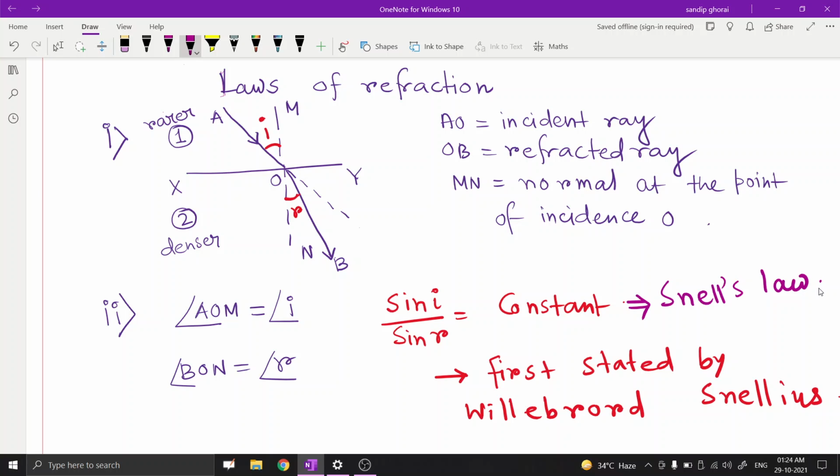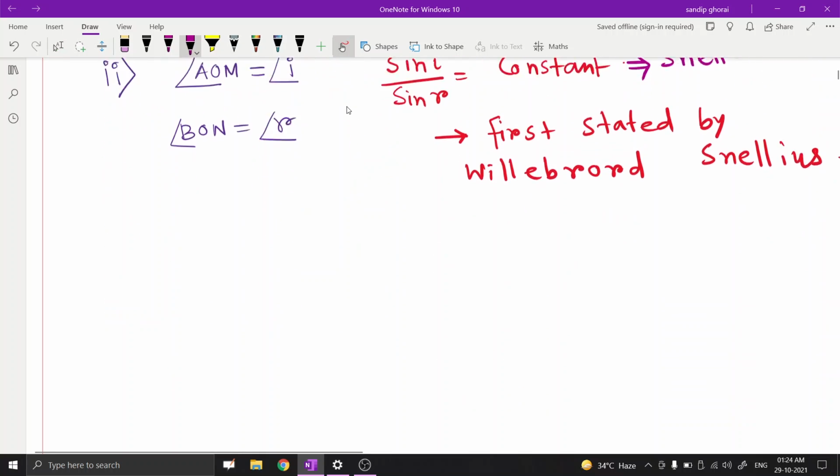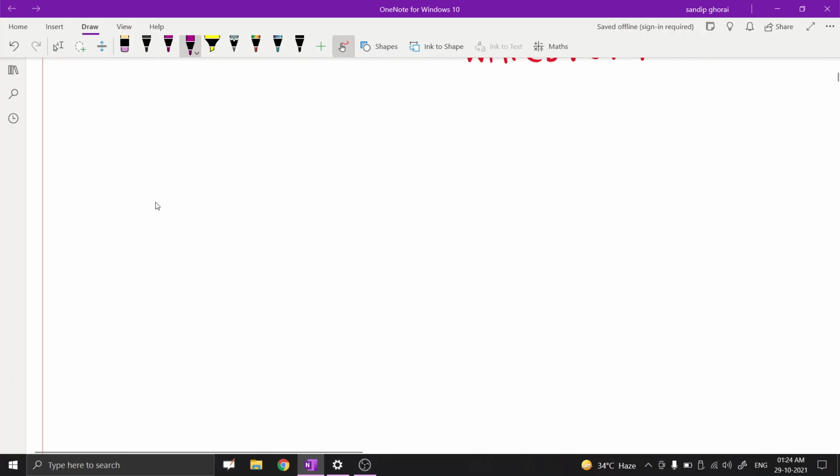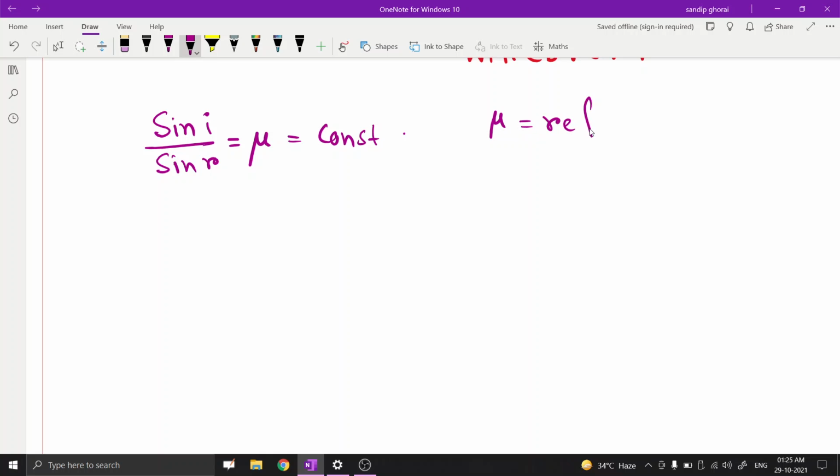We also say sine i upon sine r is equal to mu. This is constant, and mu is defined as the refractive index.